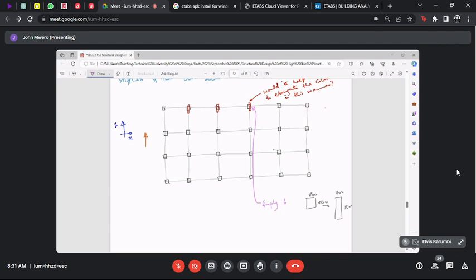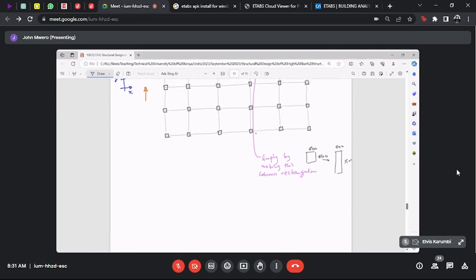Simply by making this column rectangular, maintaining the same cross-sectional area, the building can be made stiffer in the Y direction.